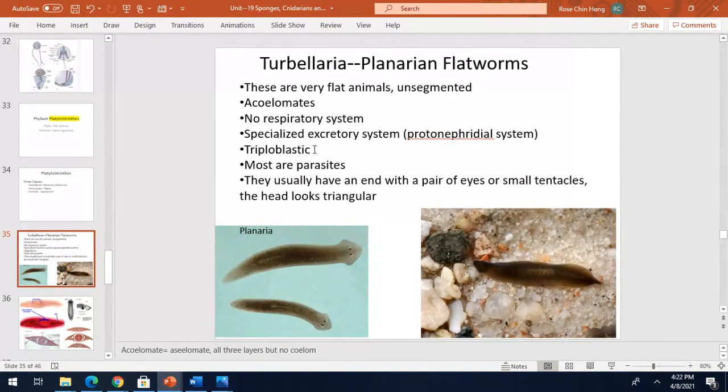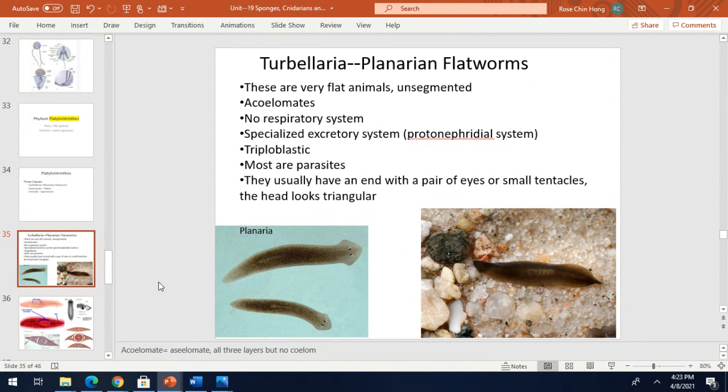And as we say, they're triploblastic. Most of them are parasites. But this one here, the planaria Dugesia, is free living. Here you see a triangular head and a pair of eyes or small tentacles.